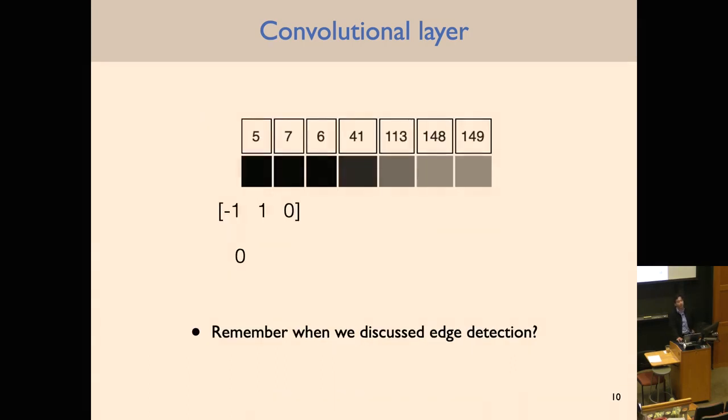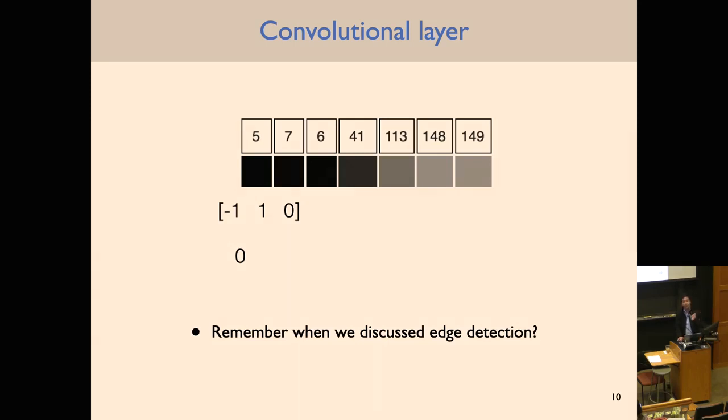When we were looking at edge detection, back in the very first lecture on computer vision, one of the first ideas we had for how to do edge detection was using convolutions. So if I have a one-dimensional grayscale image, to find edges I can apply this kernel, -1, 1, 0, to the image.